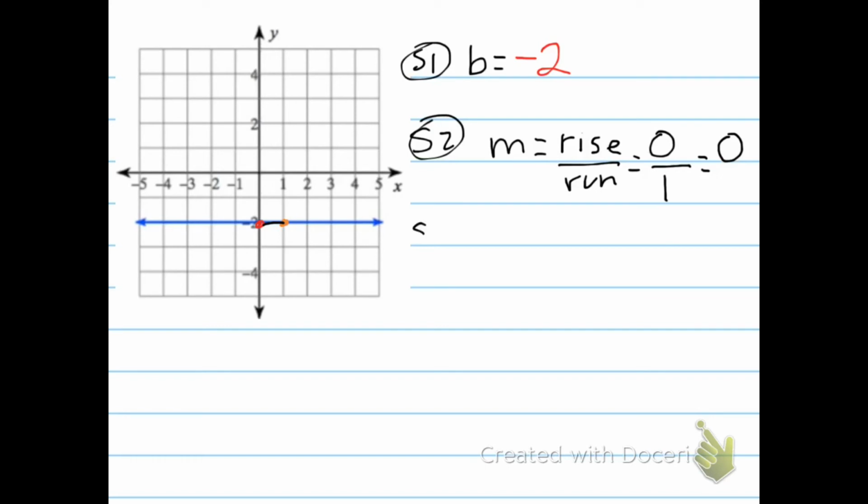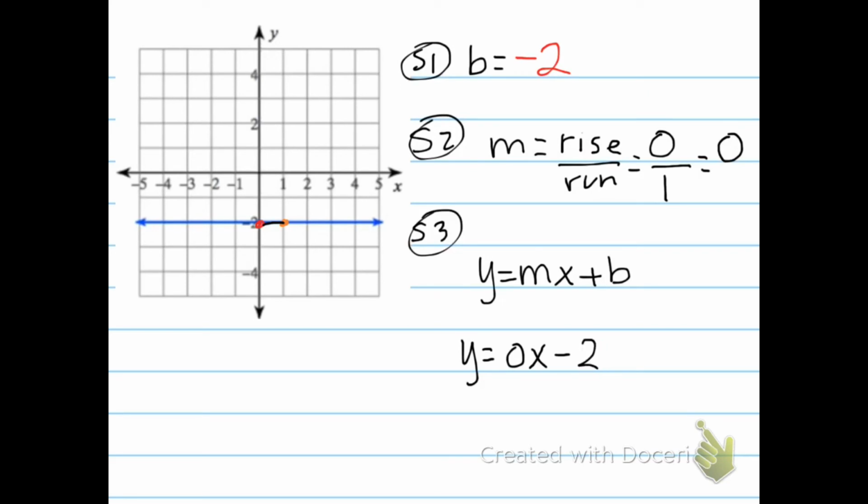So let's put it all together. So step number 3, we got y equals mx plus b. We have y equals 0x plus a negative 2. We can change this plus negative into a minus, so let's go ahead and just put minus 2.